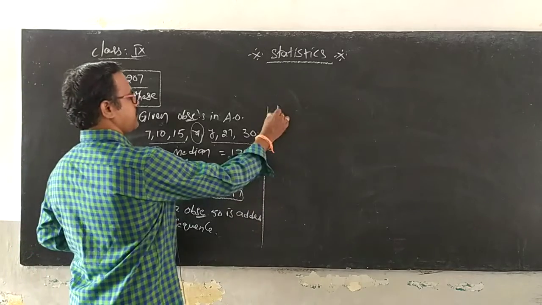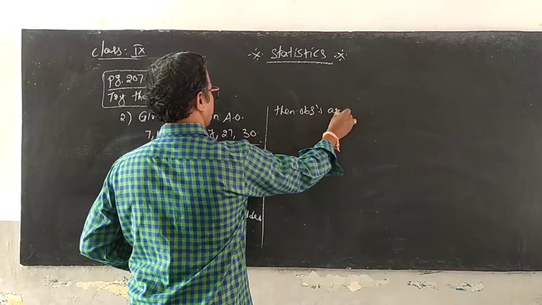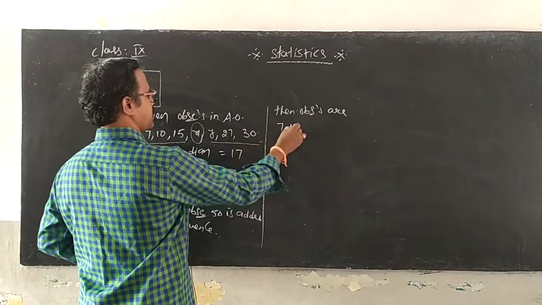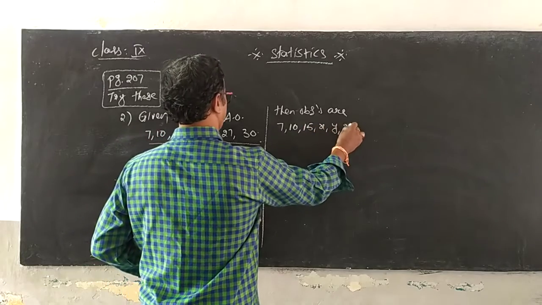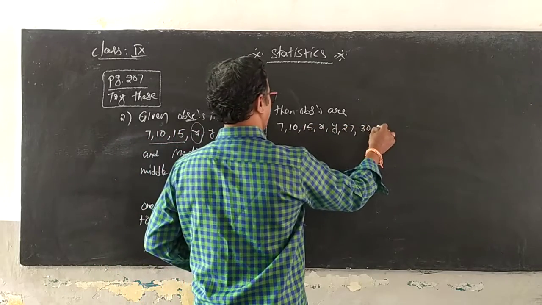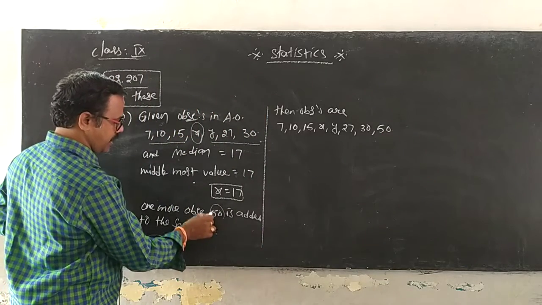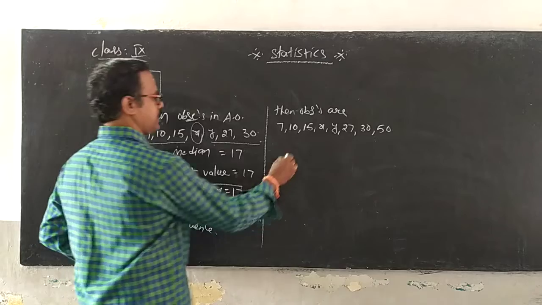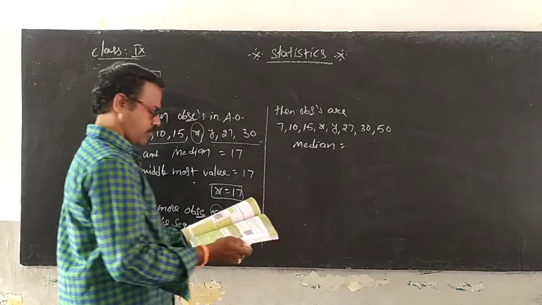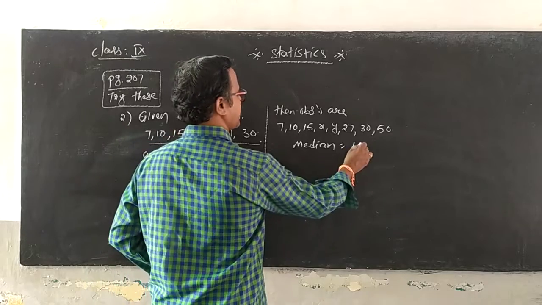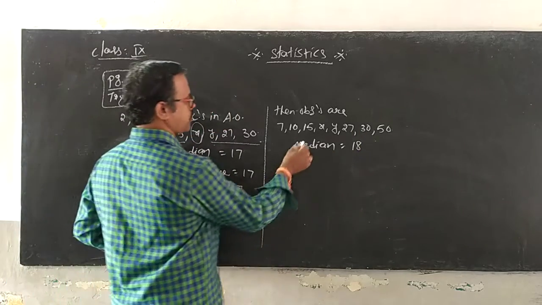Then the observations are, you write the same observations 7, 10, 15, x, y, 27, 30 and 50. When the extra observation 50 is added, they are telling that the median is 18. Now can you see what the middle most observations are here?